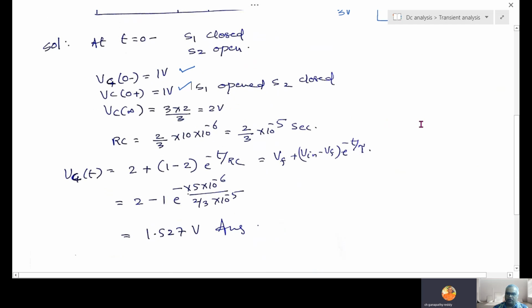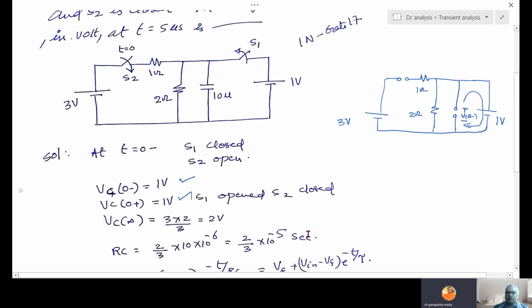Or again you can draw the equivalent circuit at t equal to infinity. At t equal to infinity, switch closed, and this capacitor open, and this switch is open. No use of this source.